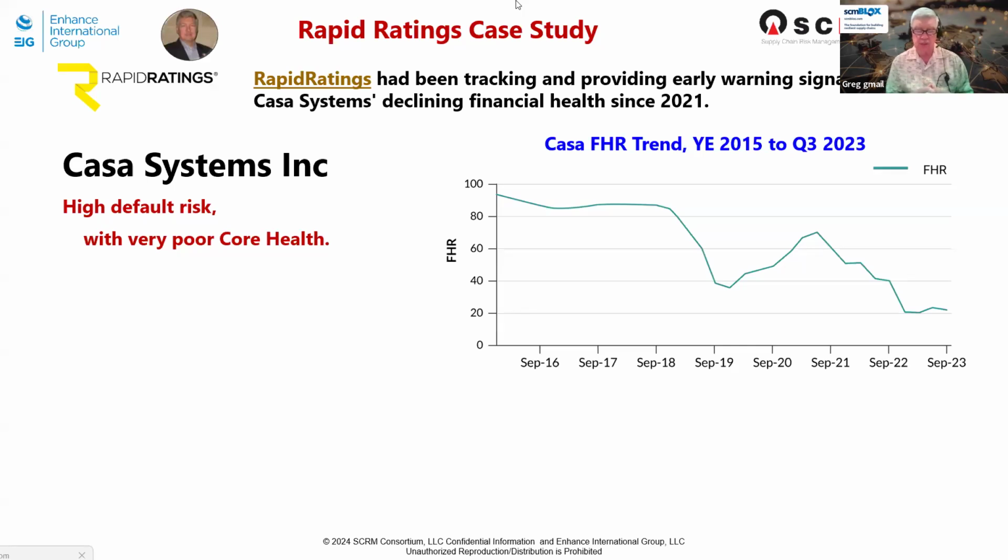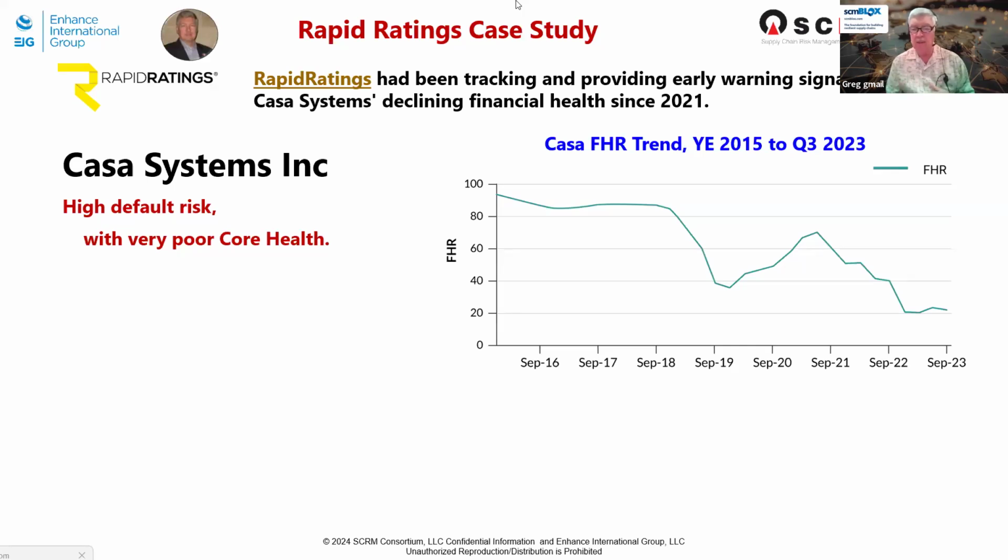This is CASA Systems. According to Rapid Ratings, they're high default risk with what they call very poor core health. And you can see on the right-hand side that Rapid Ratings was identifying and trending the financial health rating over the last couple of years.